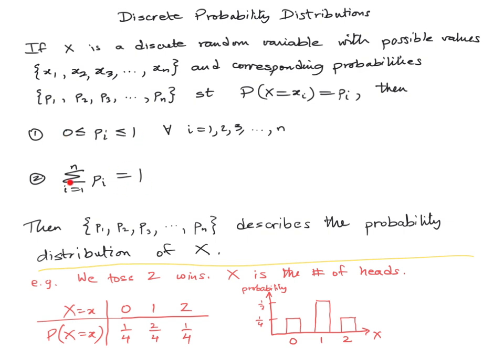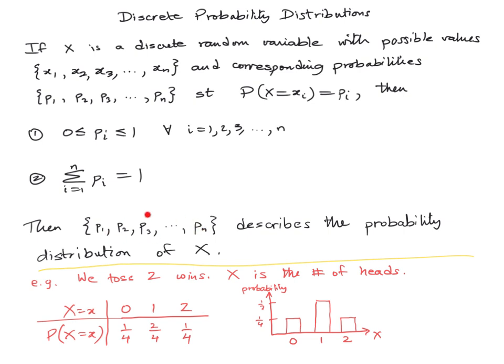So these are the two rules for getting a discrete probability distribution. That each individual probability value is somewhere between 0 and 1, could be 0 or could be 1. And that when you add up all the probabilities, you must get 1. Then this list of probabilities describes the probability distribution of x. It shows you how the probabilities are distributed for the different x values.